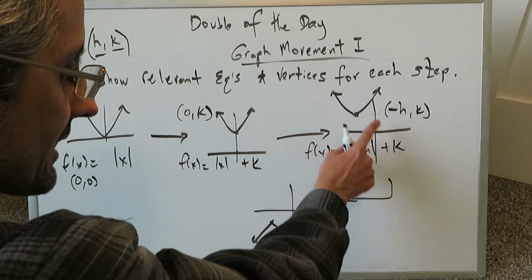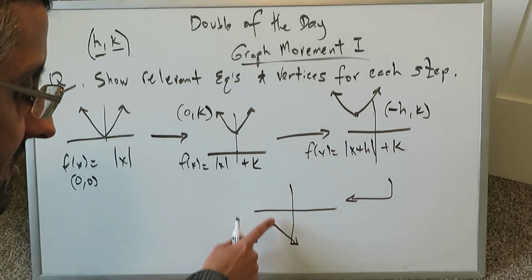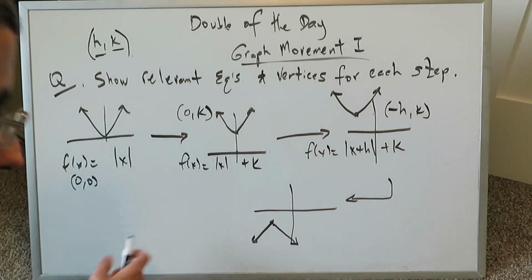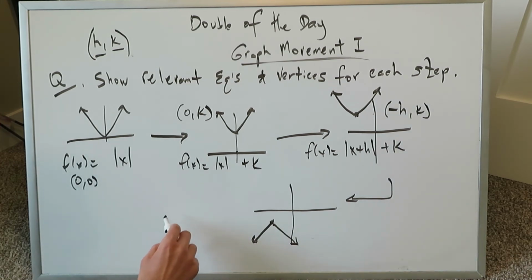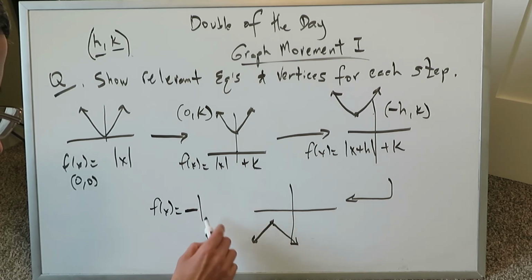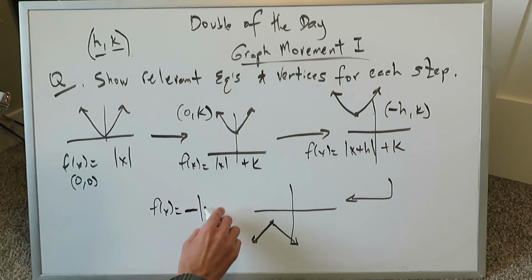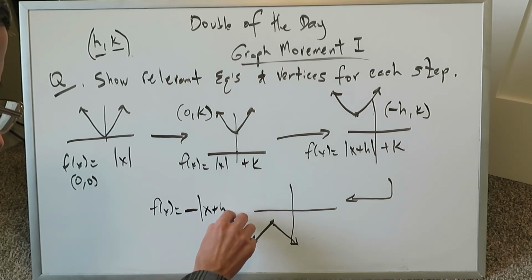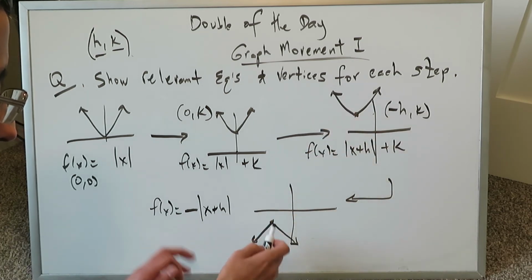Now when I'm looking at this next conversion, I'm seeing that the graph moved down, but then it also reflected downward. So we have two factors coming into play. What we see is f of x is equal to minus, reflecting the graph downwards, absolute value of x plus h. The movement has been coming down by k units.